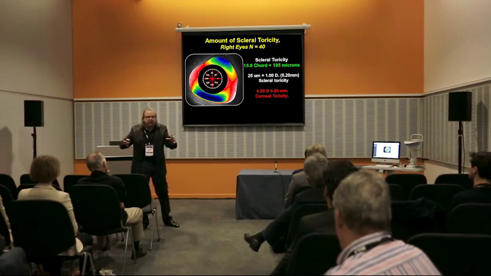Now, these were individuals, most of them wearing spherical soft lenses with little or no corneal toricity. There seems to be a very weak link, if any at all, between the amount of corneal toricity and the amount of scleral toricity. When the two do align, I've always wondered, is it just random?